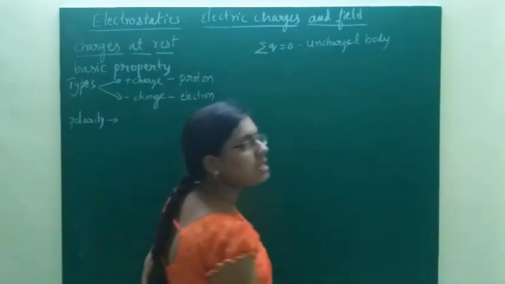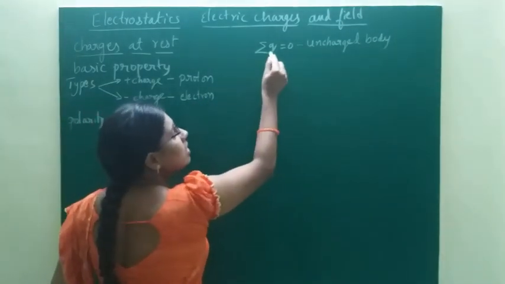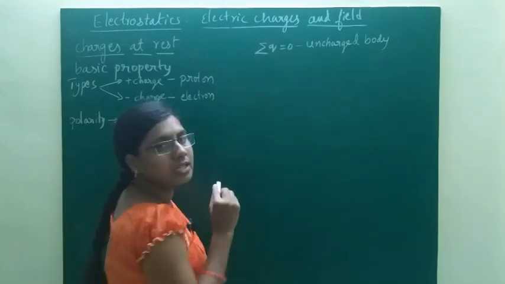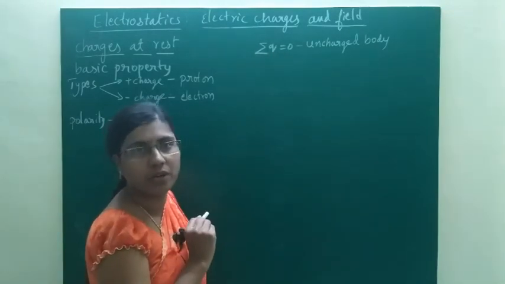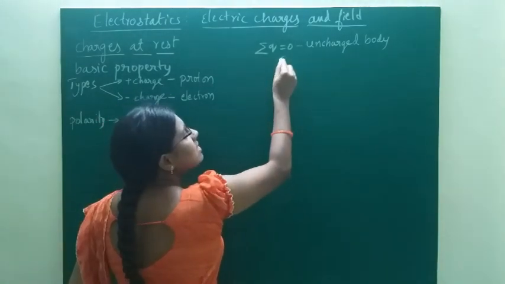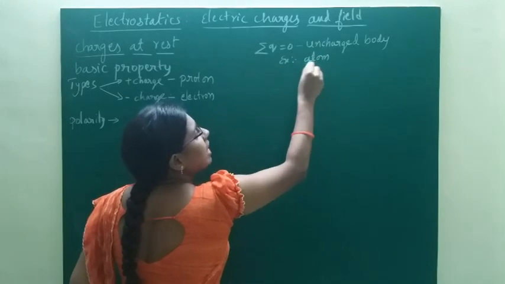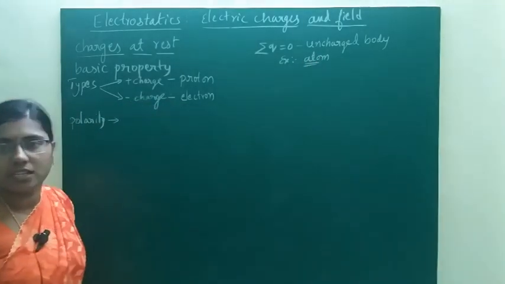If a body is said to be uncharged or neutral, the sum of its charges should be equal to 0, or the net charge of that body will be equal to 0. For example, we can consider an atom an uncharged body.